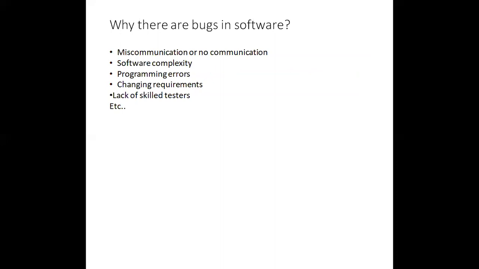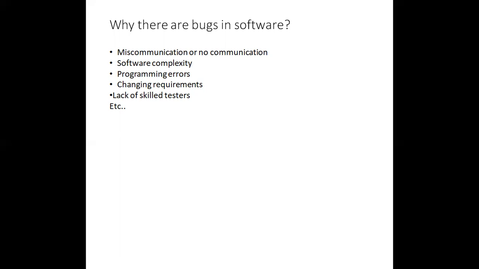So why are there bugs in software generally? Bugs generally happen at the time of miscommunication. Miscommunication means we have different modules. For example, we have a login module and a homepage module, and we have a database. Our passwords are stored in the database. When we give the username and password, there is a miscommunication.